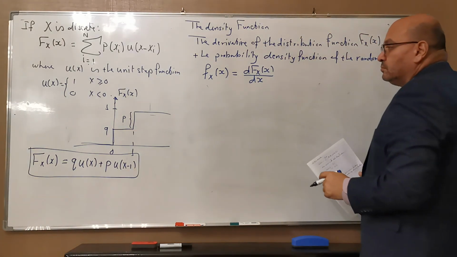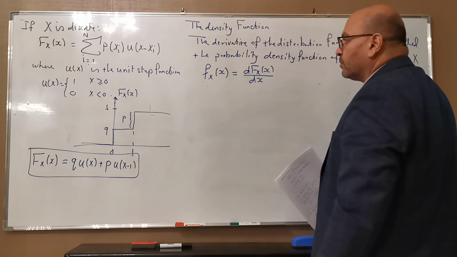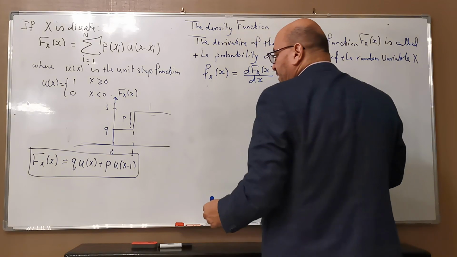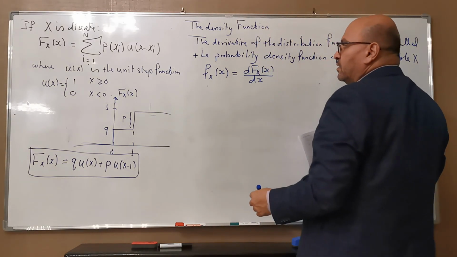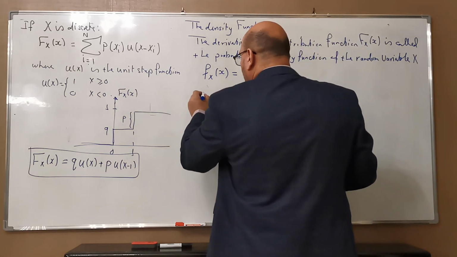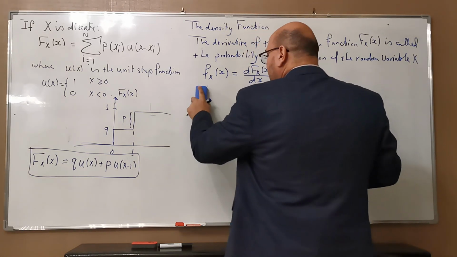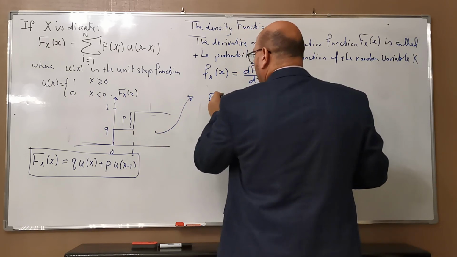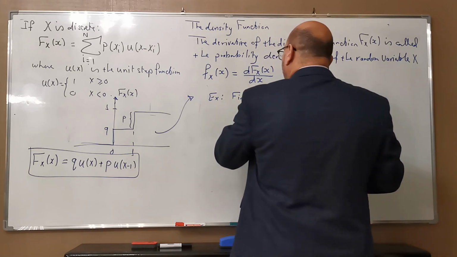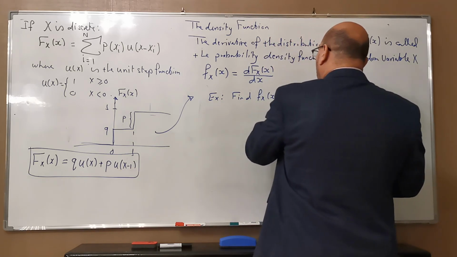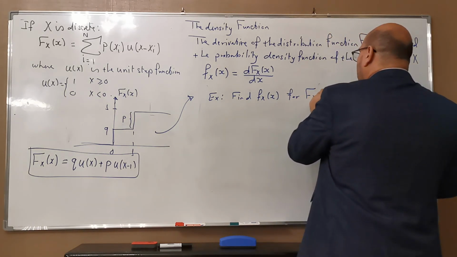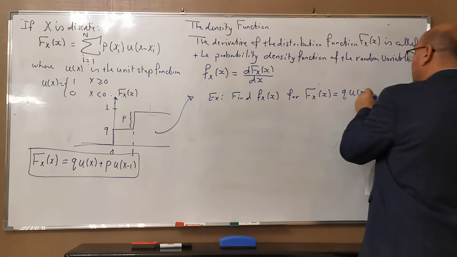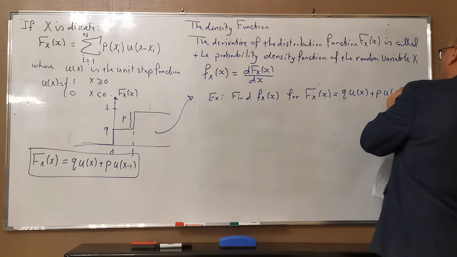Okay. Now, if we take the example here, which is the discrete case, find fx of x for Fx of x, which is equal to q u of x plus p u of x minus 1.